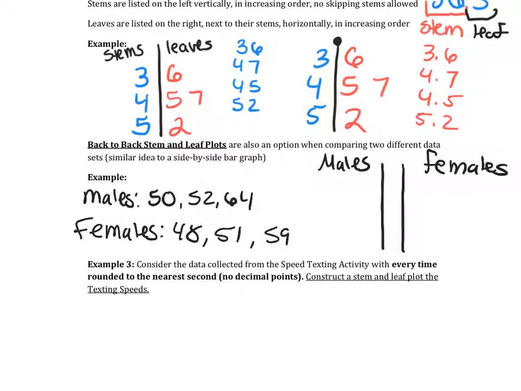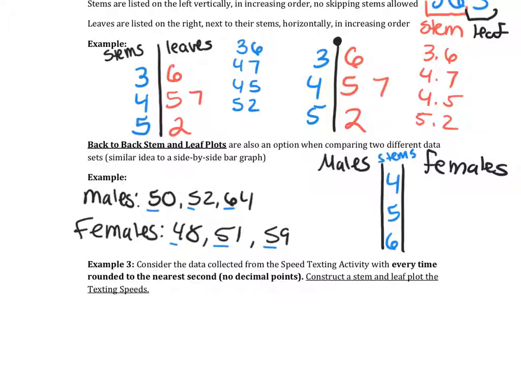So our stems now, we have to look at all of our data. So we have 5s and 6s for the males, 4, 5, and 5 for the females. So our lowest stem is 4. So we need to go up to 6. So 4, 5, and 6. These are stems. And then the leaves. So for the males, they're going to look backwards because it's going to be on the left side instead of the right side, but it still means the same thing.